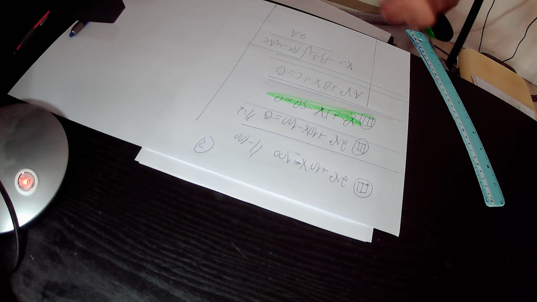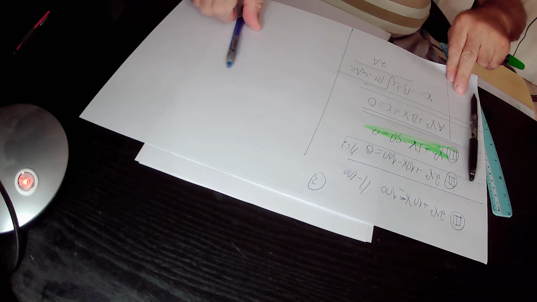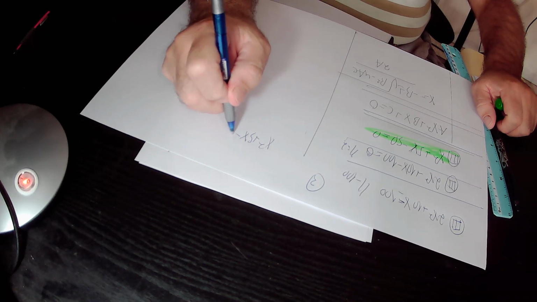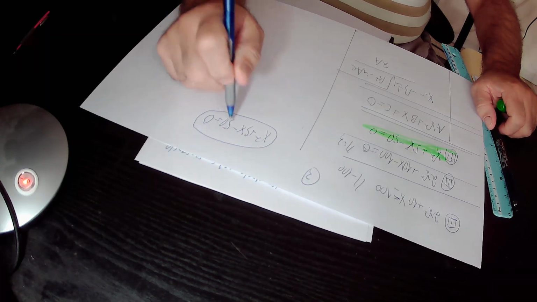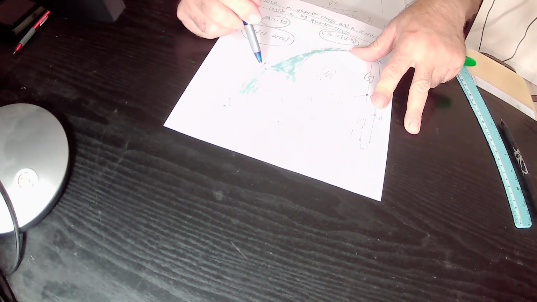In our specific quadratic equation, that is to say x squared plus 5x minus 50 equals 0, the variable that we are looking for is x. x is the radius of this small quarter circle.